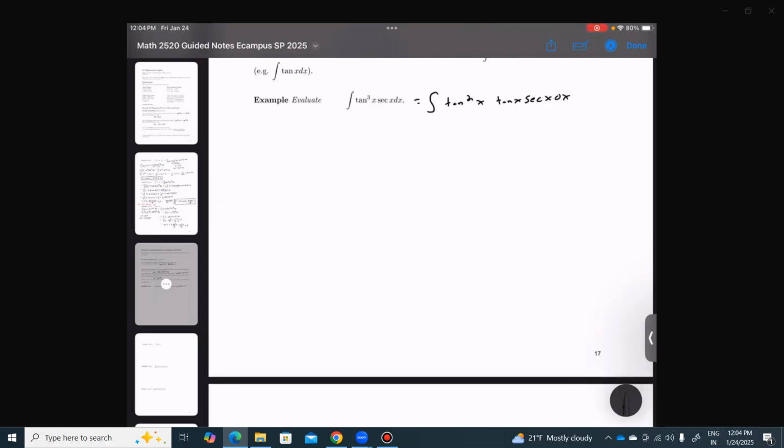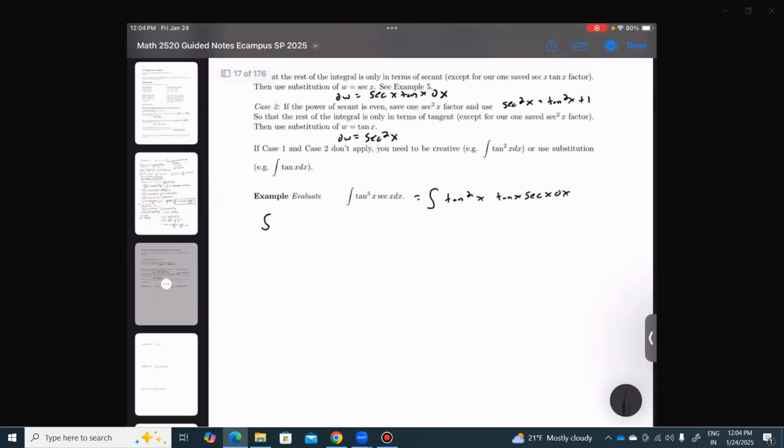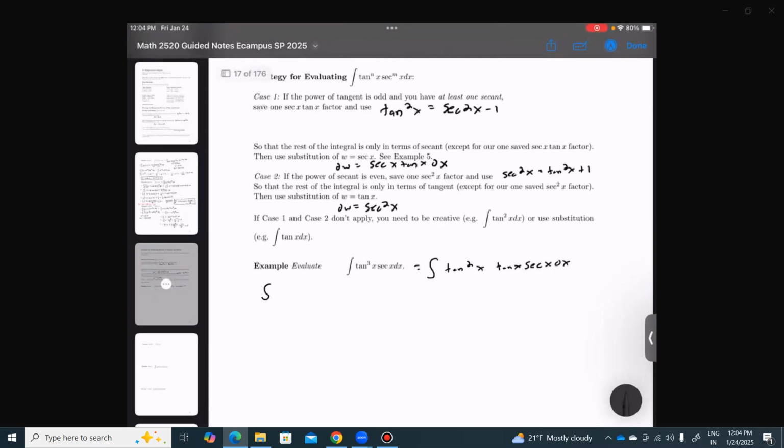And so our tangent squared x, we use our, I'm going to keep this up here actually, our tangent squared x equaling secant squared x minus 1. So we'll have secant squared x minus 1 tangent x secant x dx.